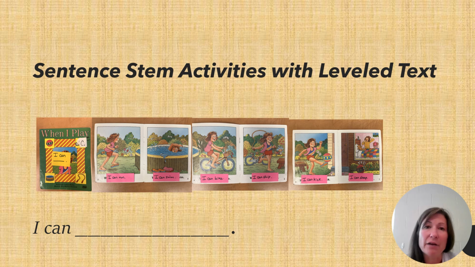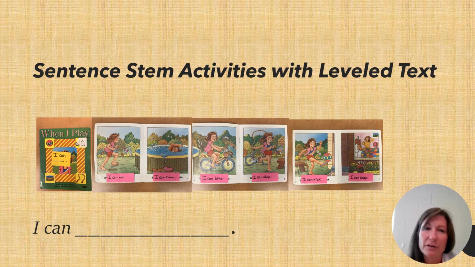As you can see, I wrote over the original text to create a simple sentence structure for the early language stages. The simple text is using the sentence stem I can, modeled off the pictures. I can run, I can swim, I can bike, I can skip, I can kick, I can sleep.